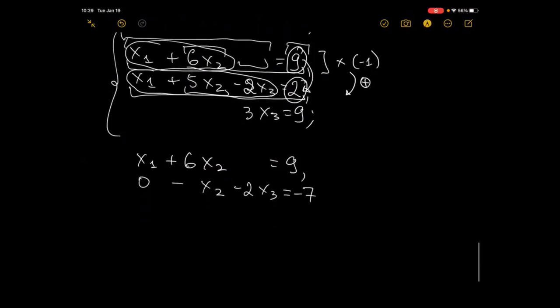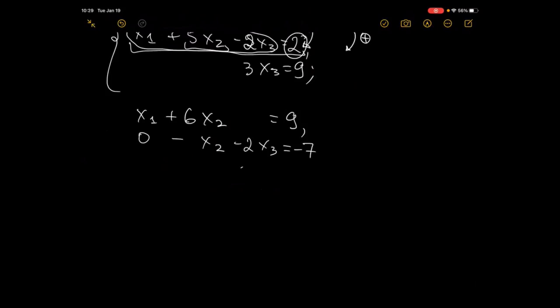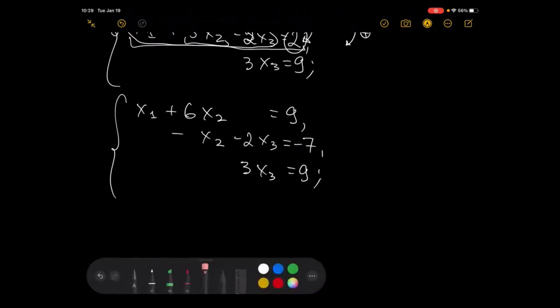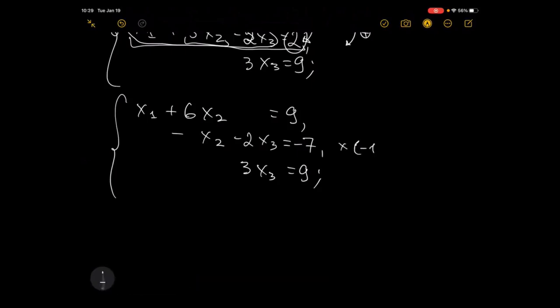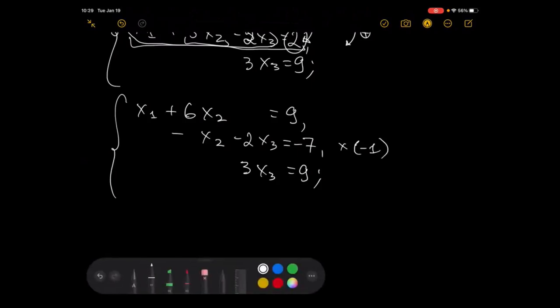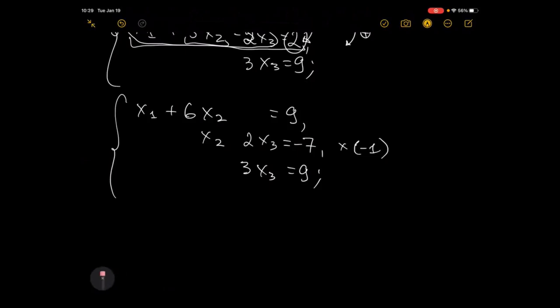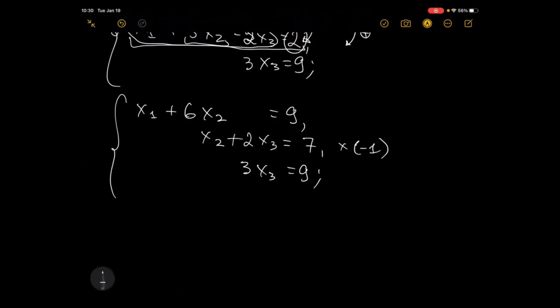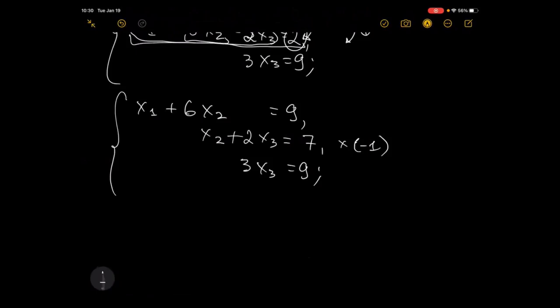Minus 7. And this stays the same. Okay, so what can I do in order to simplify it a little bit? I will erase this, and then let me multiply this whole equation by -1, just to get rid of these negative signs. Like that. Okay, I brought the system to this stair-like form, right?